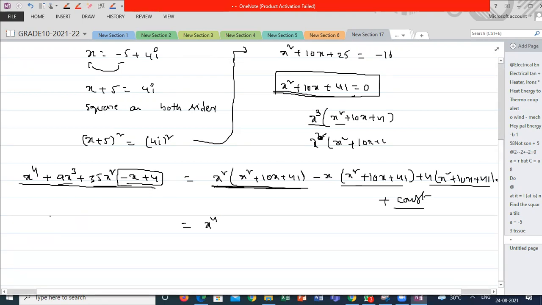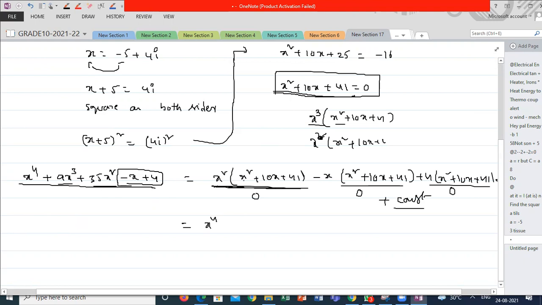Or you can take it like this. x square plus 10x plus 41 is equal to 0. But how can I make this equation from here? How can I equate this one?